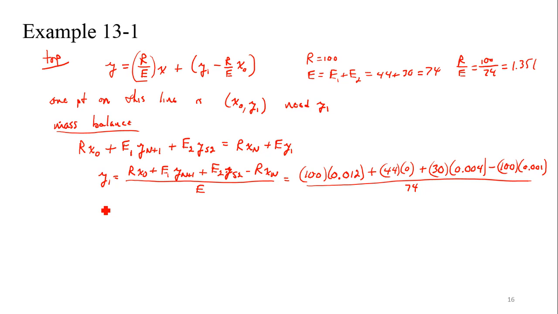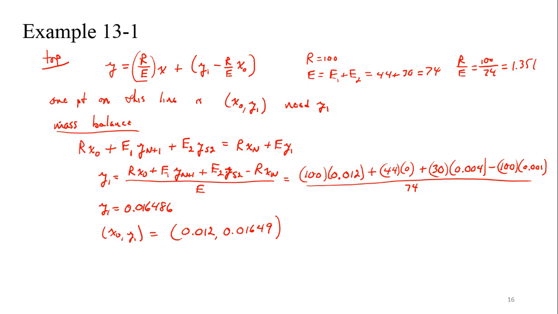74. And so we get from this y1 is equal to 0.0164, let's say 86. So that means then that our point x naught, y1, in this case our x naught value is 0.012, and our y1 value is 0.01649, let's say.